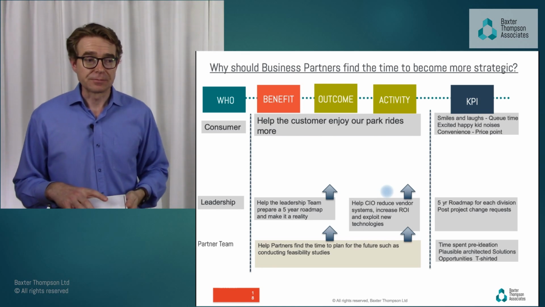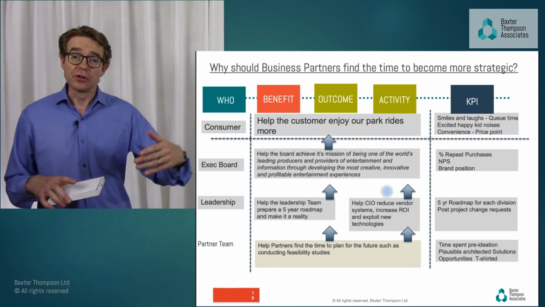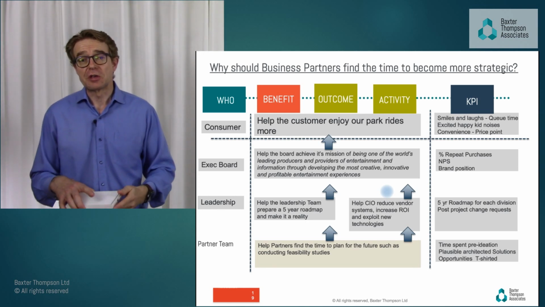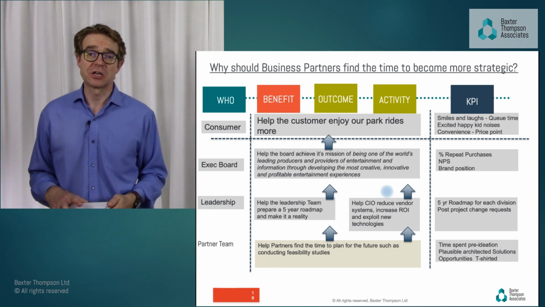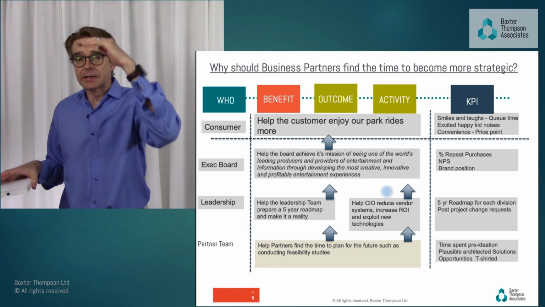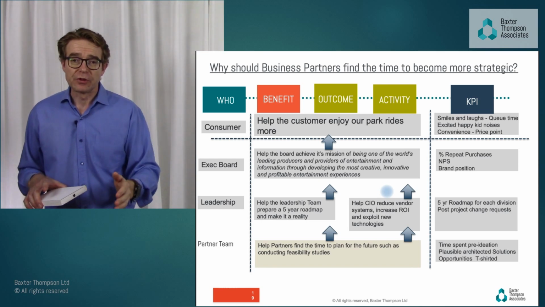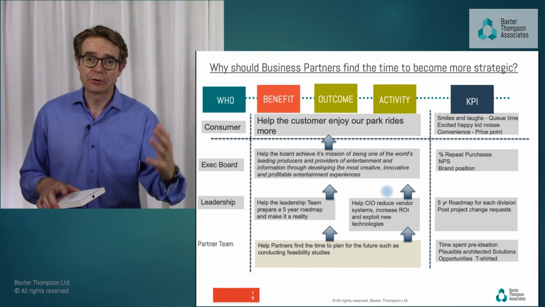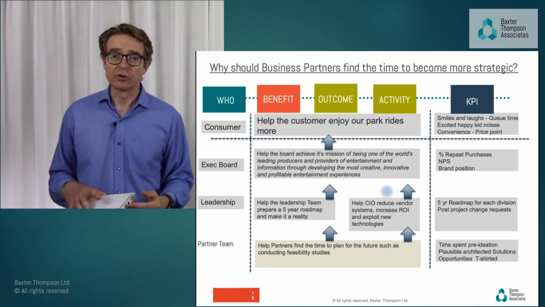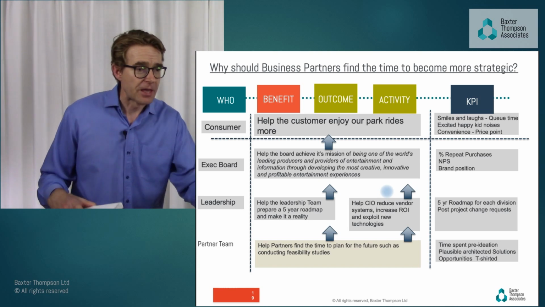that clarity. And indeed, if, say, for example, the leadership want to go to the executive board and say, look, we've got a team of people here who are spending far too much time in the operational weeds. They need to be raising their game, getting their heads above the parapet to look out and define what the technology roadmap is going to be for our company, because we know it's going to help the executive board achieve its mission, which may well be to provide entertainment.